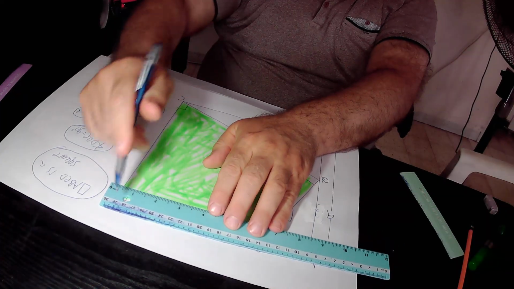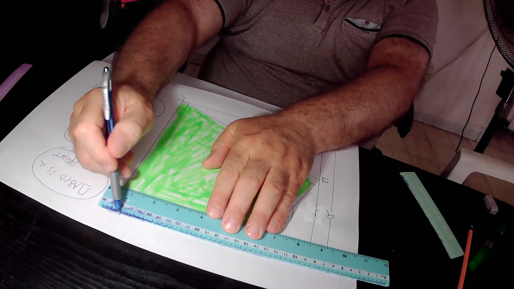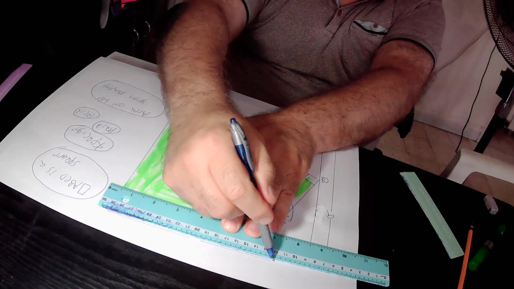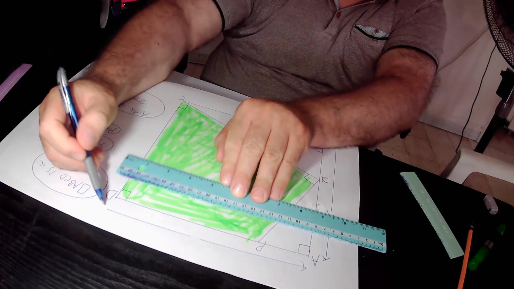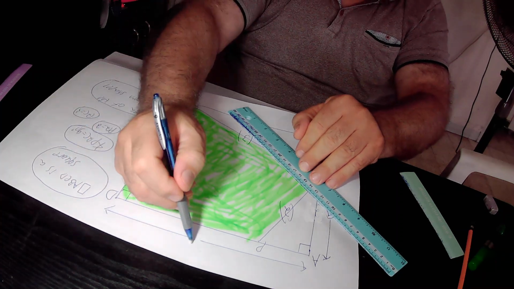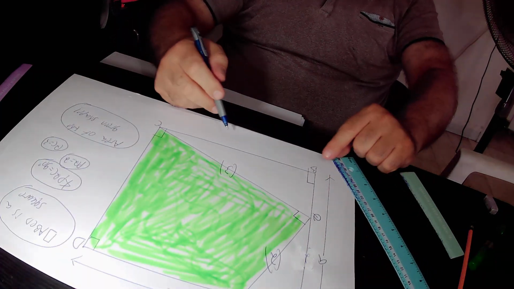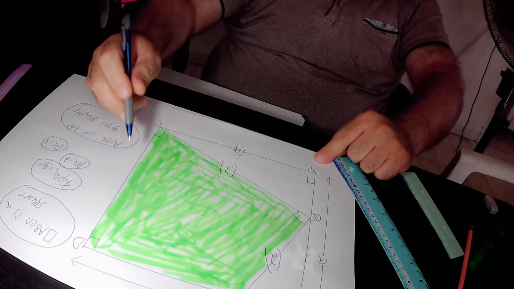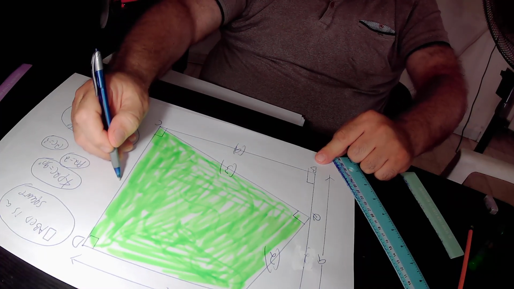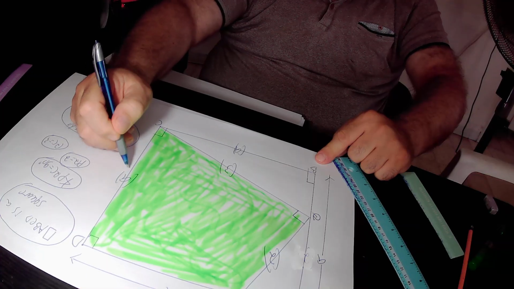Likewise, the length of side AD is also A units. Side BC is also equal to A units in its length.